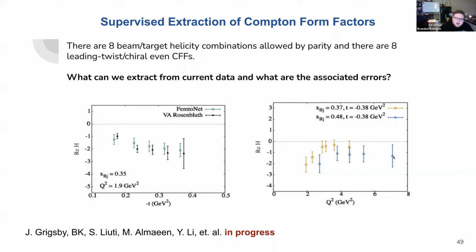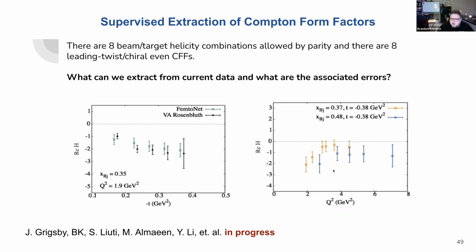And that's what I show here, as compared to the Rosenbluth extraction method that I showed before. And one can see that the neural network is learning very similar information as the Rosenbluth extraction, and that these central values all are lining up. The error bars are pretty controllable as well.